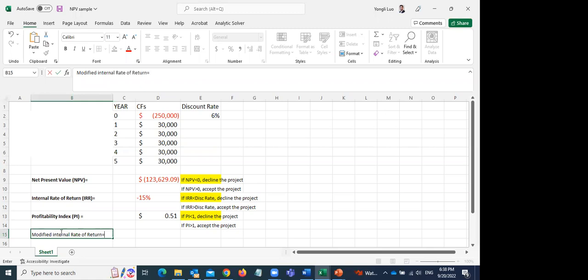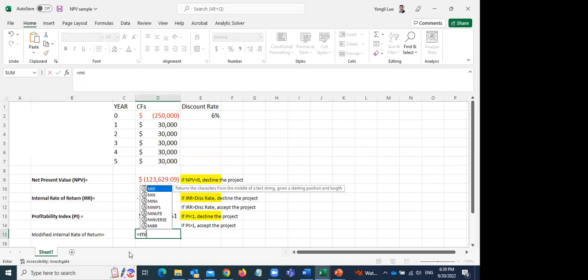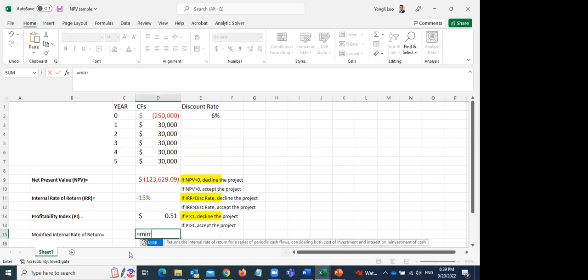Okay, so modified internal rate of return is MIRR. The function is called MIRR, modified internal rate of return.